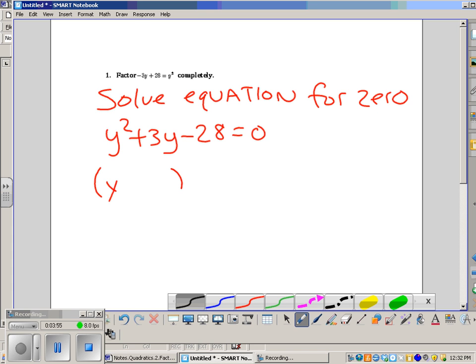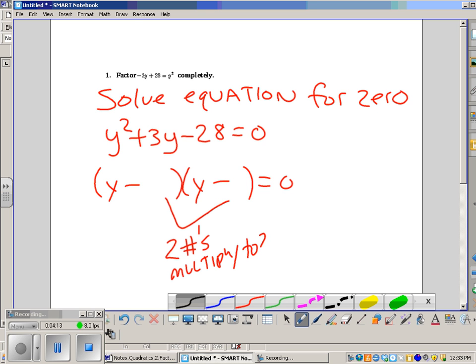I would advise you to set up this kind of little skeleton every single time. Y minus, because now you need in here 2 numbers that multiply to 28 and subtract to 3. This is the first problem, so let's show all of our work.